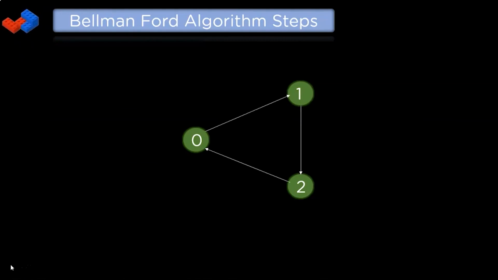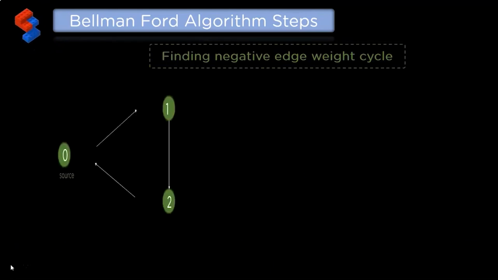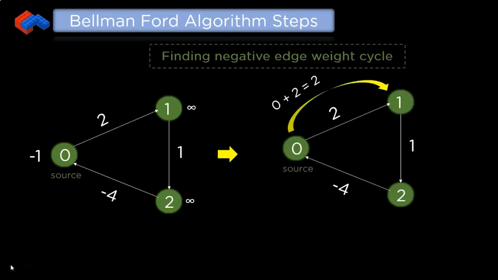Let us assume that we have a graph with 3 vertices with the initial value as infinity as the weight of the graph. Because this graph has 3 vertices, we will relax it V minus 1 times, that is 2 times. In the first relaxation, the weight from 0 to 1 is 2.